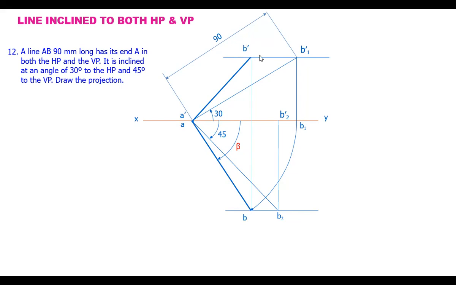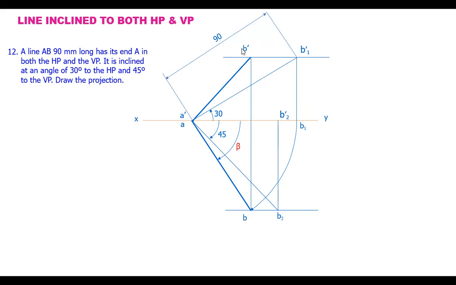This B dash can be obtained in the other way. We know the front view length A dash, B2 dash. A dash as center, A dash, B2 dash as radius, B2 dash can be rotated like this until it reaches the locus. Once it reaches, you stop it here, and that point itself will be B dash.